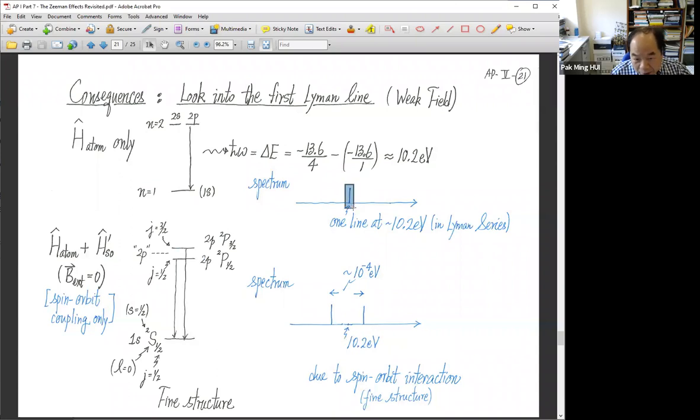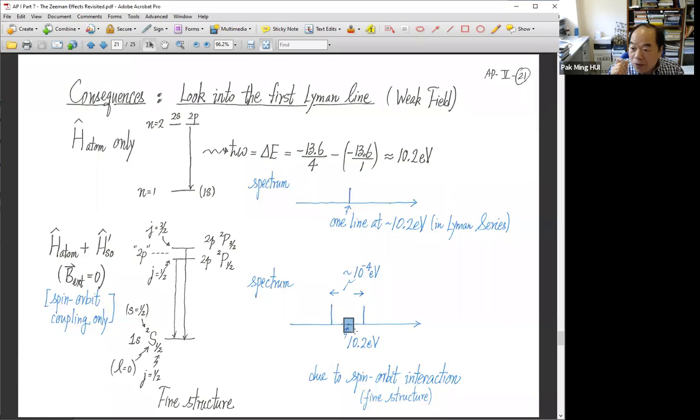So here is this point, and then there will be one slightly lower and one slightly higher, and the splitting will be 10 to the minus 4 eV, 1 over 10,000 of an eV, while this point itself is 10 eV. So on this scale, the 0 eV is way, way out, far away, or even farther. So you must look at the scale. I'm exaggerating things to try to make the point. This is the fine structure.